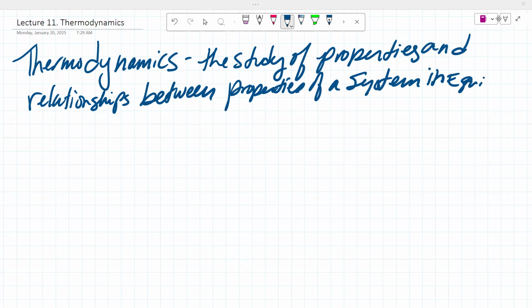Equilibrium, which we will soon be writing as EQ. We'll have much more to say about equilibrium dynamics.